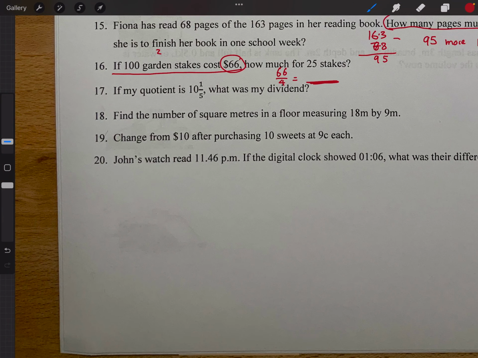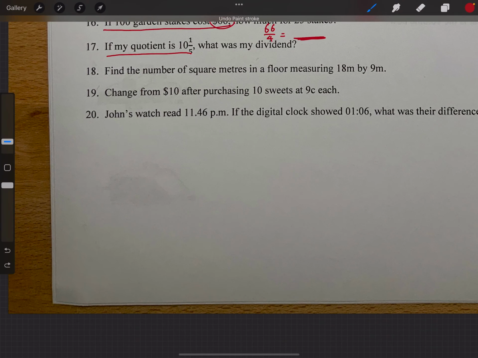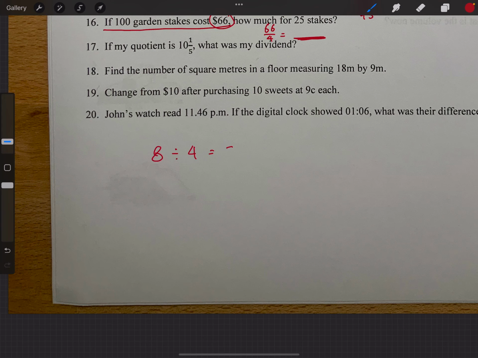Question 17. If my quotient is 10 and 1/5, what's my dividend? All right, so let's revise this whole dividend and quotient thing again. When you have, let's say, 8 divided by 4 equals 2, the very first number you divide is called your dividend.